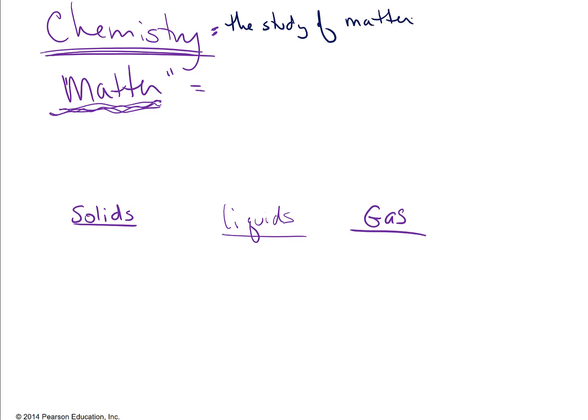So it's the study of matter and the changes that it undergoes. So you don't just find elements, you find compounds. You don't just find pure compounds, you find things that are mixed together too. So there's lots of different combinations, the study of matter and the changes it undergoes.